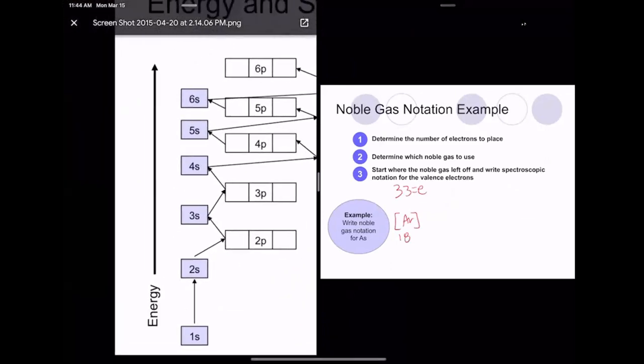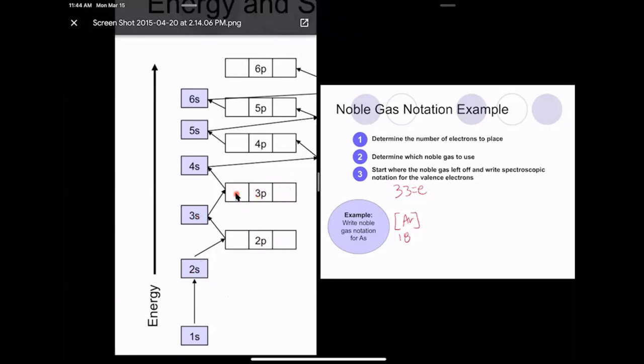Okay, so we have to figure out where argon leaves off, right? So we have 1s2, 2s2, that would be 4. Let me use the pointer, just making sure that you guys can see it. Okay. So it's 2, 4, 6, 8, 10, 12, 14, 16, 18.